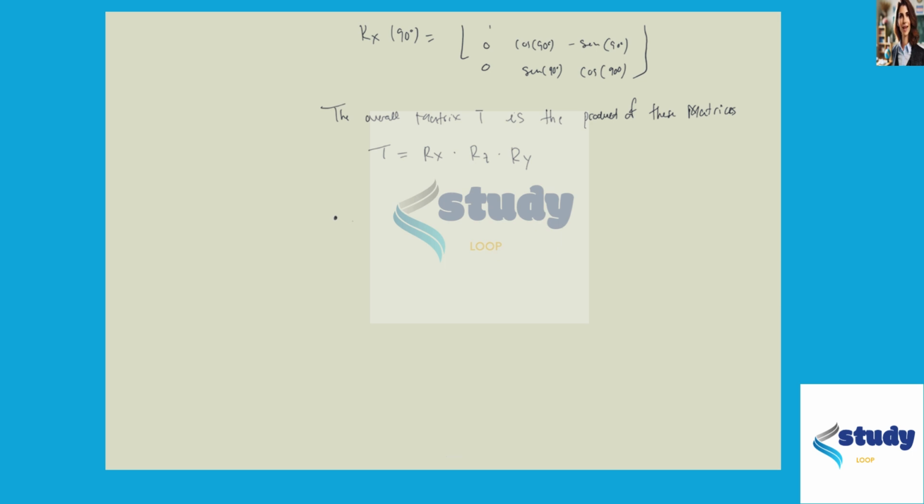So the steps are: rotate 60 degrees about the n-axis, translate by 4, negative 3, 7, and rotate 45 degrees about the z-axis.